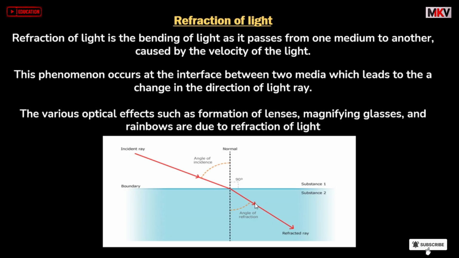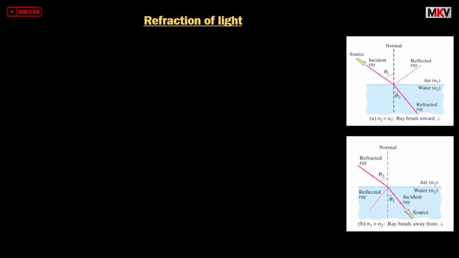There's a change in direction of the light ray due to the change in speed of the light in this medium, and this speed change is due to the refractive index of the medium. So that is some basic explanation of refraction of light.